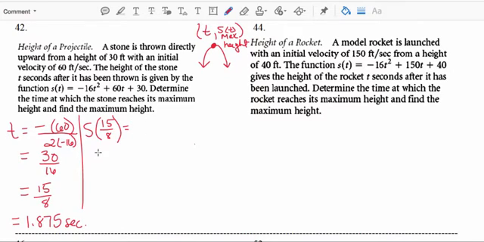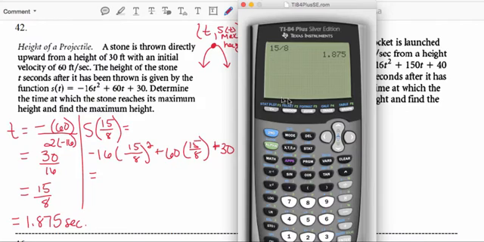So I think I'm actually going to scoot down here underneath anyway, just to give myself some more space on this video. So it's negative 16 times 15 over 8 squared plus 60 times 15 over 8 plus 30. And again, I'm only leaving it as a fraction because I'm going to be out of room here when I try to write in the decimal.